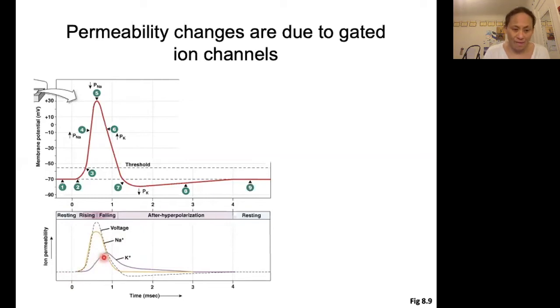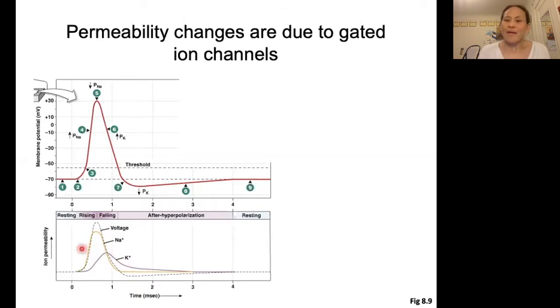At the same time, our sodium permeability is decreasing, and those two events together are responsible for the falling phase of the action potential. And then of course we have the after hyperpolarization due to the continued, higher raised permeability of potassium, okay?